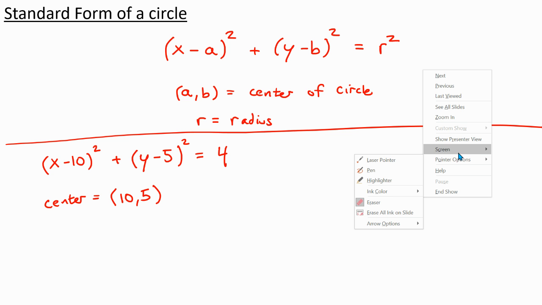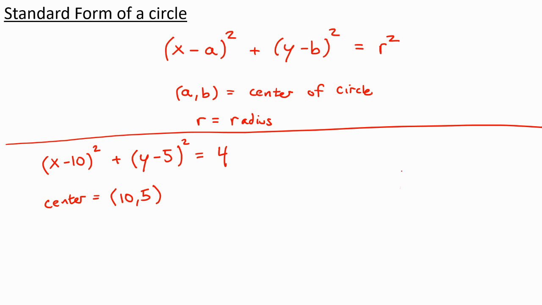The radius, it's very, very easy to forget and to misinterpret the formula. The radius is not 4. The radius is the square root of whatever that number is on the right side. So the radius of our circle in this example is 2. Look at the formula above.